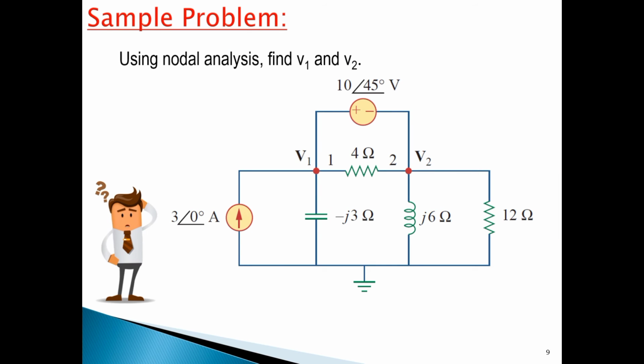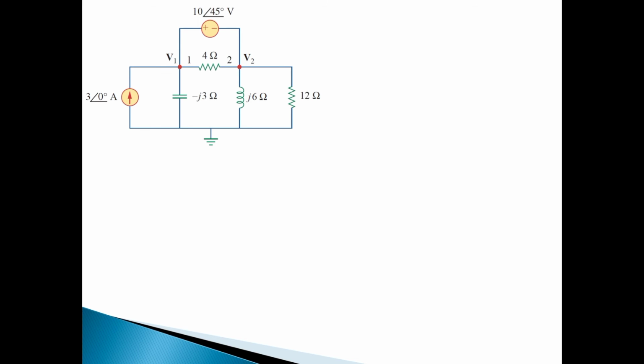So next, we have nodal analysis, finding V1 and V2, and as you can see, we have here a voltage source in the middle of V1 and V2. So as you can remember, if this is the case in our circuit, we will apply the supernode. Okay, so how do we apply the supernode?